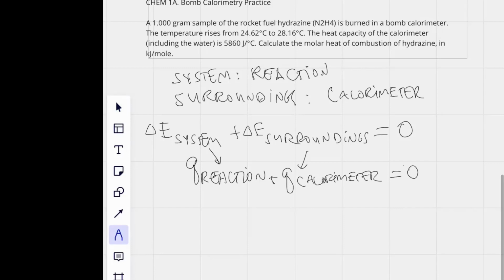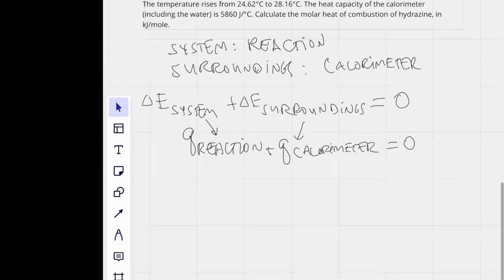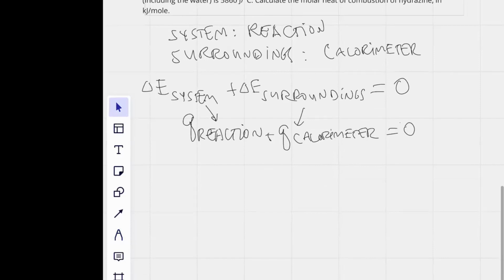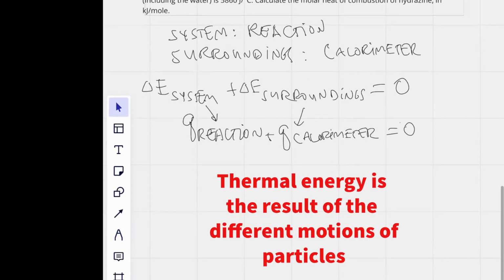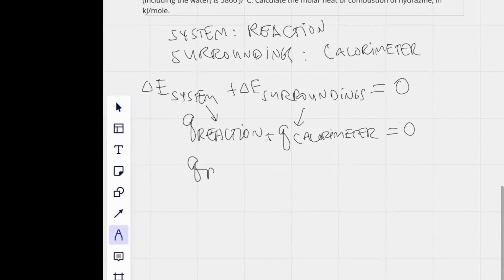And again, this is heat, and remember that heat is an exchange of thermal energy. So if we rearrange this equation, the heat transacted by our chemical reaction would be minus the heat transacted by the calorimeter.